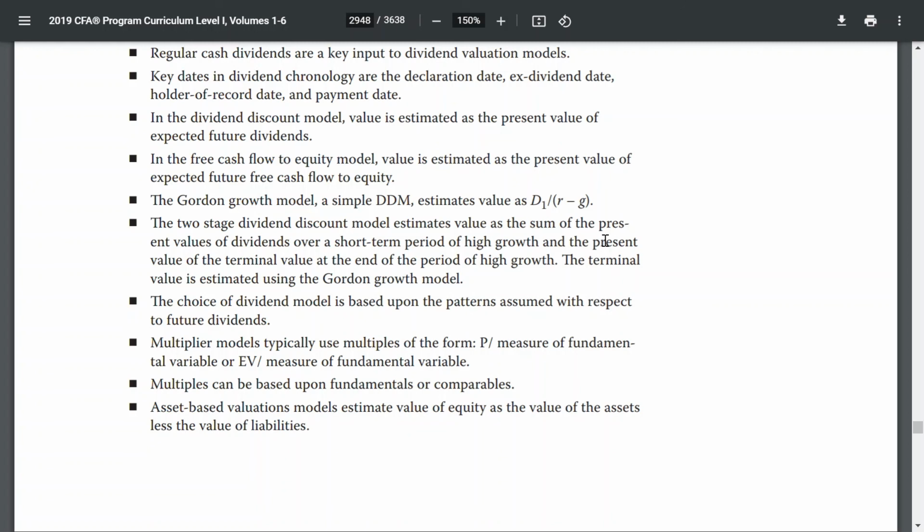Multiplier models typically use multipliers of the form P over measures of fundamental variables, or EV over measures of fundamental variables. Multiples can be based upon fundamentals or comparables. Asset-based valuation models estimate the value of equity as the value of assets less the value of liabilities.